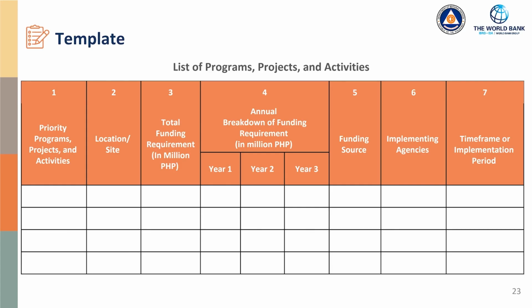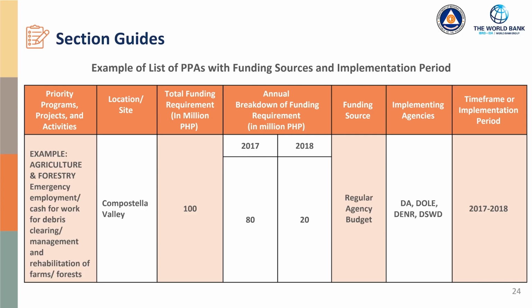So nakalagay yan, for example, 2021 up to 2023. You can include that in the last column of the table. The next slide will show you a table that has been populated, giving examples in previous disasters.